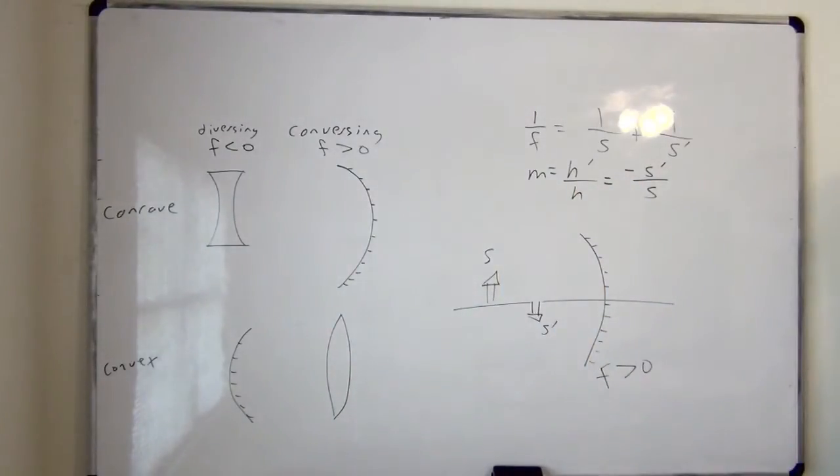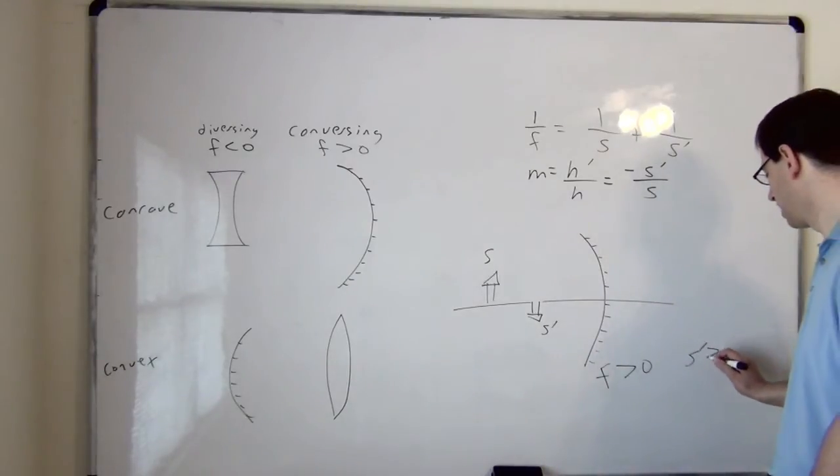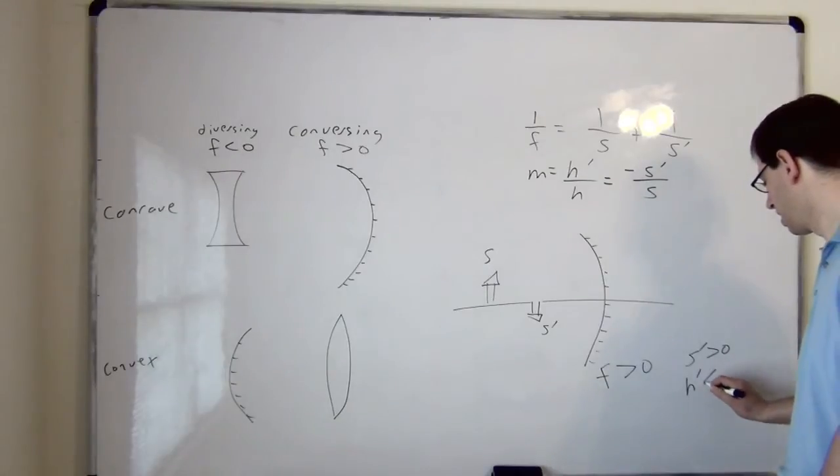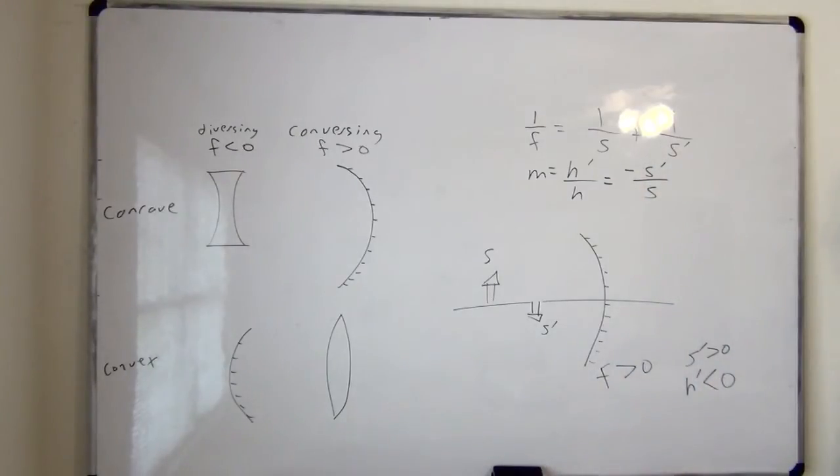How about here? Is S prime still positive? Wait, no, yeah, it is positive. But then H prime is negative. Good, because it's pointing down below. That's right.